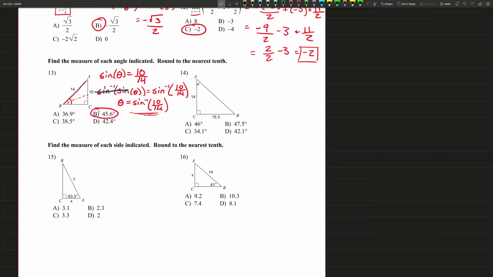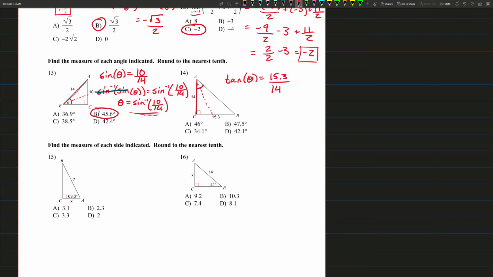Same thing for number 14. We have this angle theta. We are given the opposite side and also the adjacent side, so we can set up a tangent function. Tangent of theta is going to be 15.3 divided by 14.